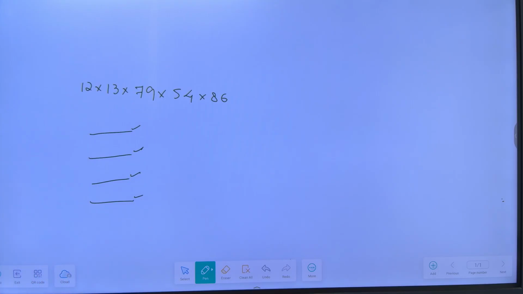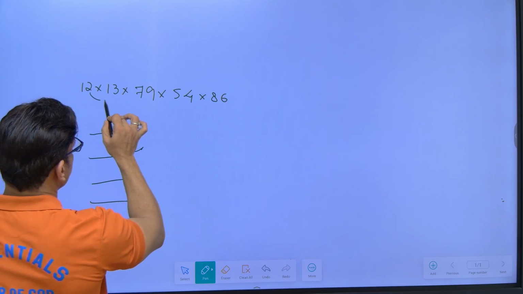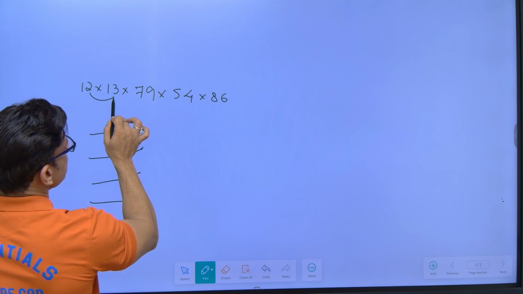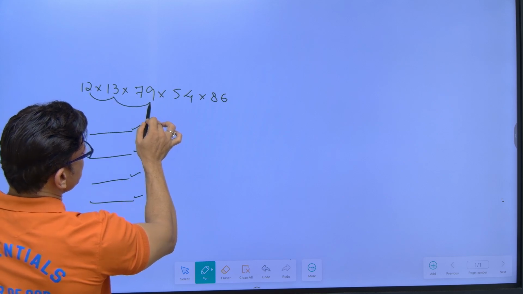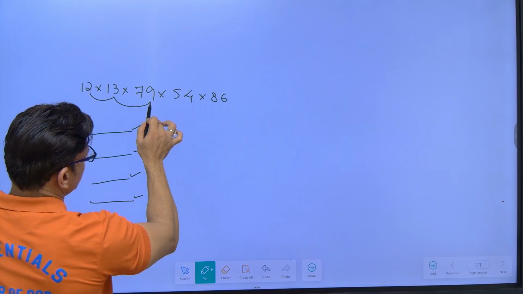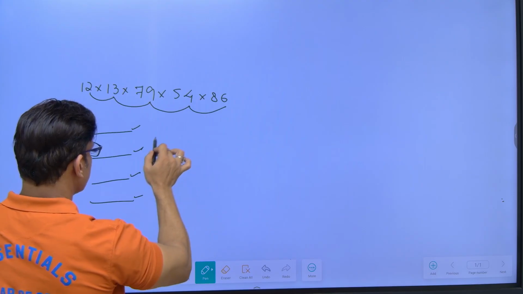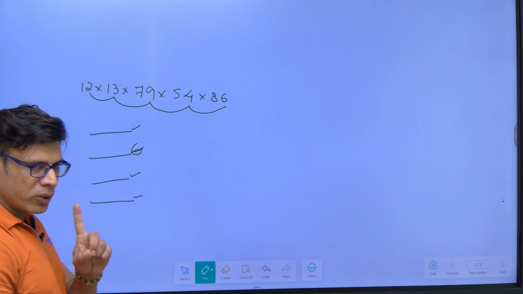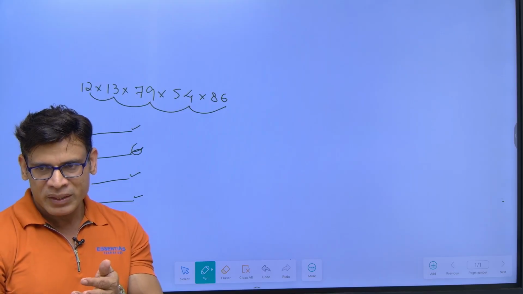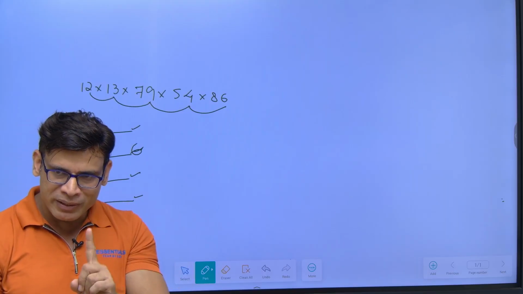If all last digits are different in the options, then you don't have to do anything. You simply have to multiply the last digits of all these numbers. 2 3s are 6, 6 9s are 54, that is 4, 4 4s are 16, and then 6 6s are 36. That means you will only find one option where the last digit is 6. All other options will have a different last digit.